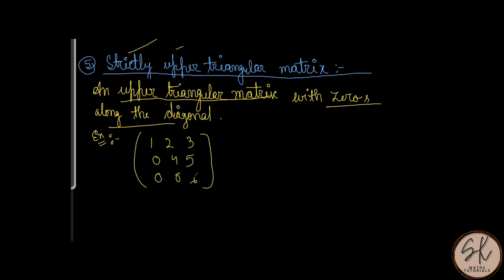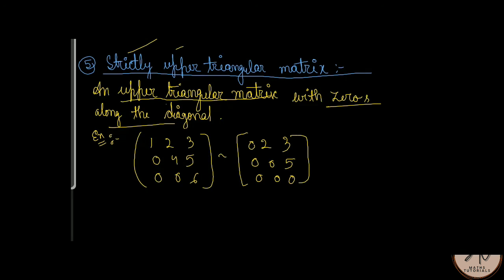This is an upper triangular matrix. Okay, so now when this matrix is like this, say 0, 2, 3, 0, 0, 5 and 0, 0, 0, then this is known as a strictly upper triangular matrix, because here the elements along the diagonal are 0.